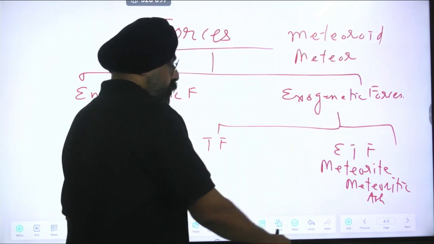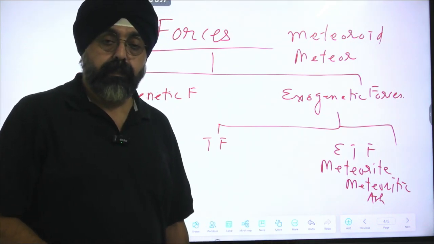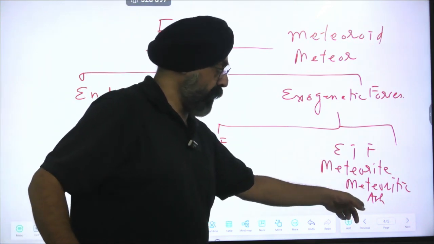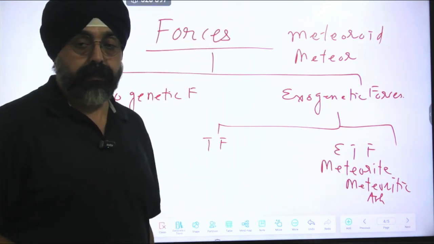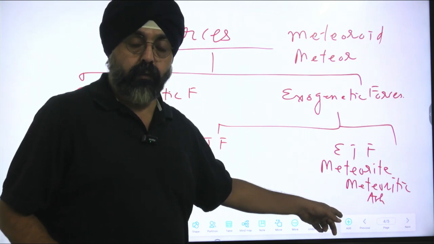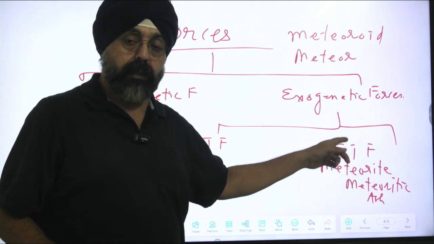And that hits the surface of Earth, that is a meteorite. And the things which burn to ash and then the ash settles down, that is meteoritic ash. They have an impact. Why? Because every second we receive 10 kg of extraterrestrial material on the surface of Earth.